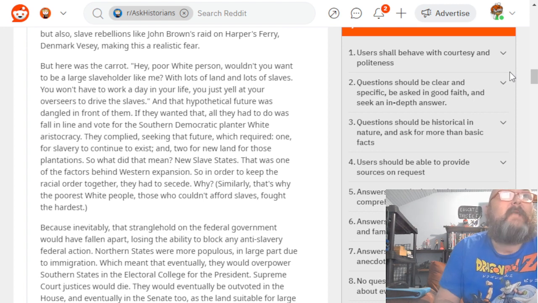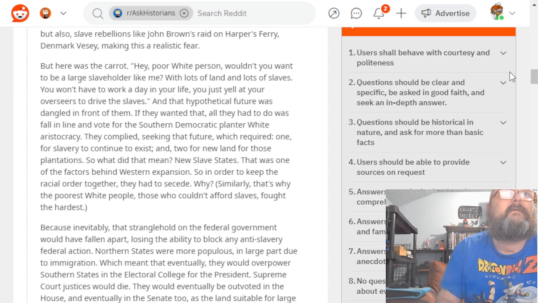If they wanted that, all they had to do was fall in line and vote for the Southern Democratic planter white aristocracy. They complied, seeking that future which required, one, for slavery to continue to exist, and two, for new land for those plantations. So what did that mean?